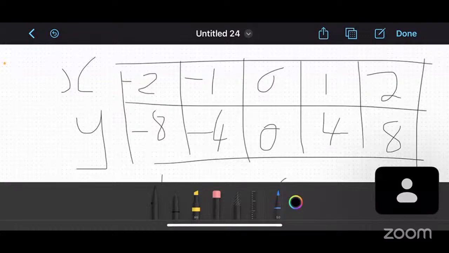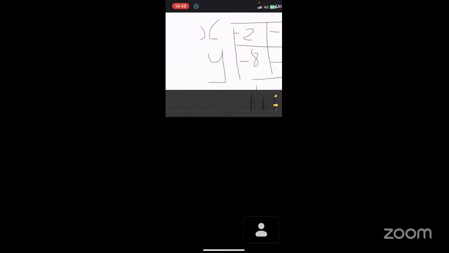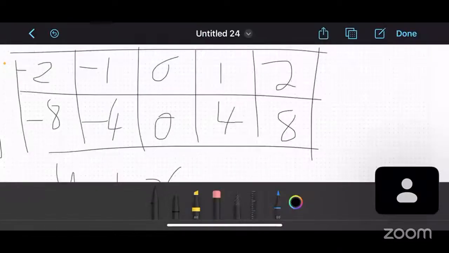So -2, -1, 0, 1, and 2 are your x values. And beneath the numbers, those are your y values when your x is equal to the top. So when your below is 8, that means your x is what? Is 2, right? Yes.